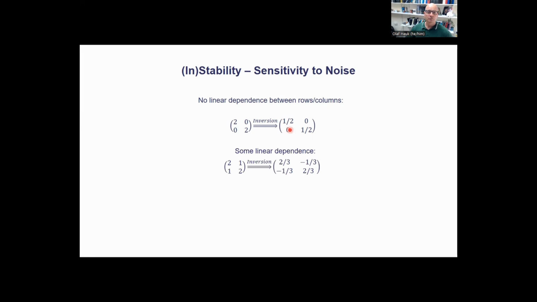If we have some linear dependency between our rows and columns, so now we have some interactions between our equations, then you see that the resulting inverse matrix will also have off-diagonal elements, and importantly, you now have differences here. So if you multiply this to a data matrix or data vector, then every output on the other side will be a difference between one value, let's say at one electrode, and the value at another electrode.